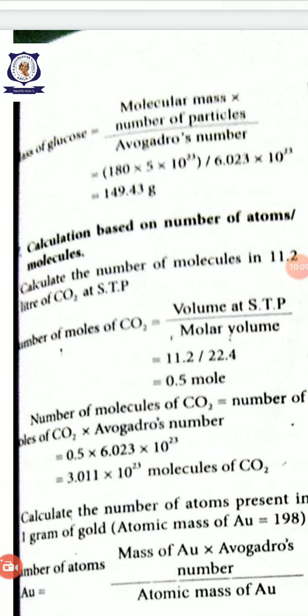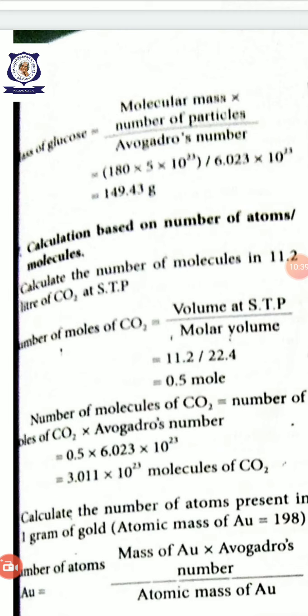See, what is our question? Calculate the number of molecules. We know that in 1 mole of any gas, Avogadro number of molecules are there. Here how many moles are there? 0.5 mole. So number of molecules of carbon dioxide is equal to number of moles of carbon dioxide into Avogadro number. The number of moles we have already calculated is 0.5.